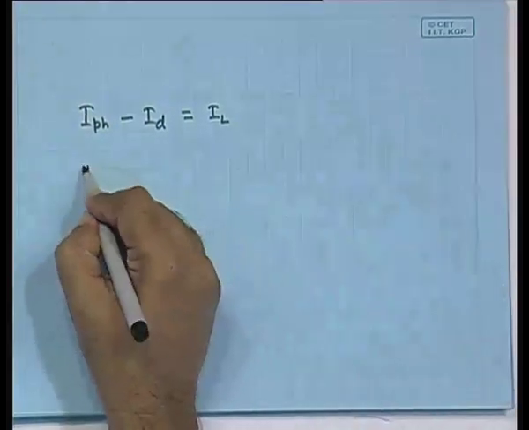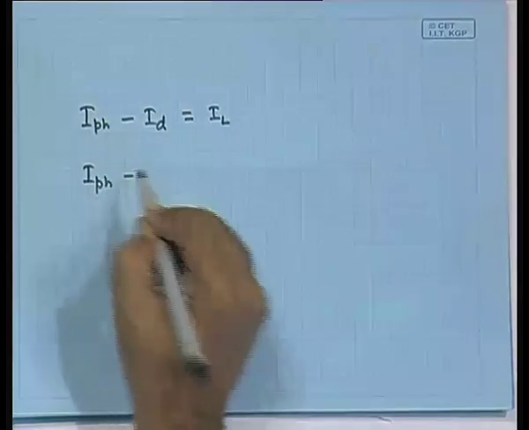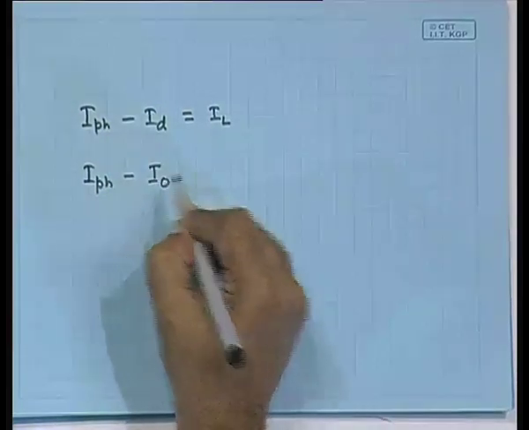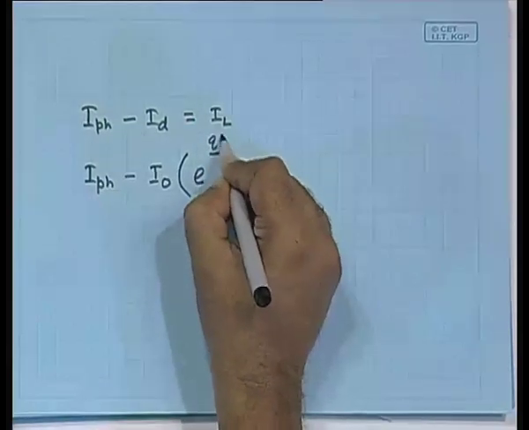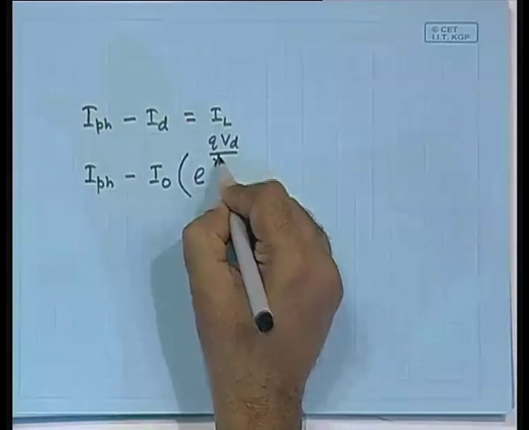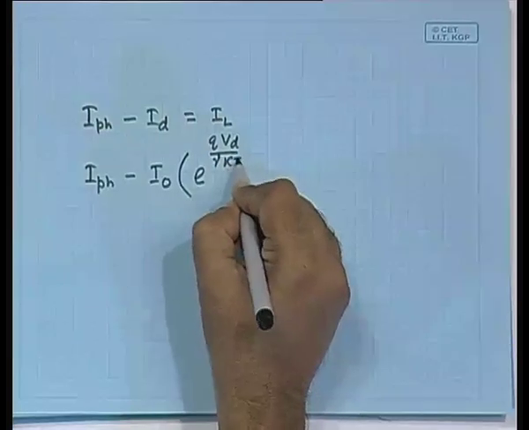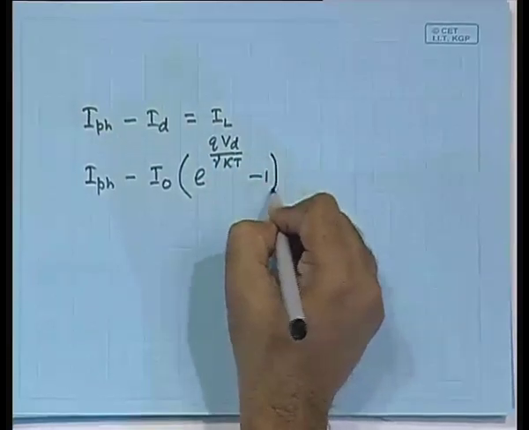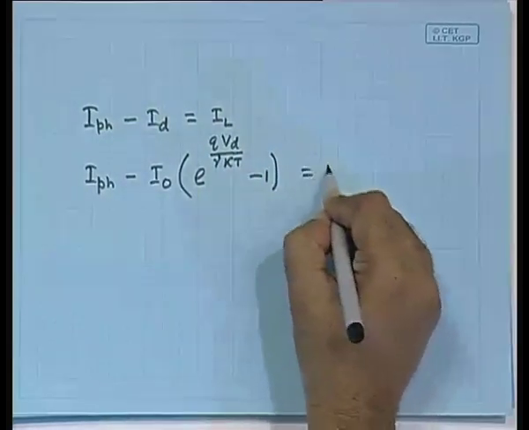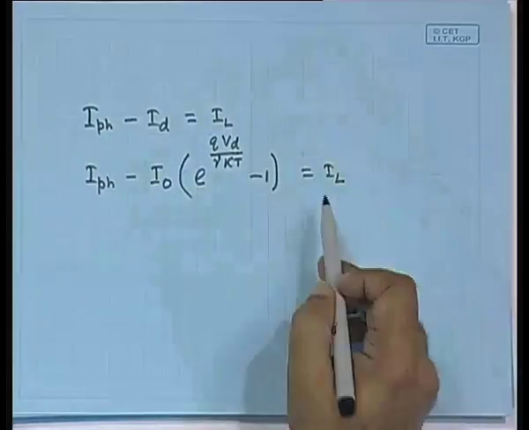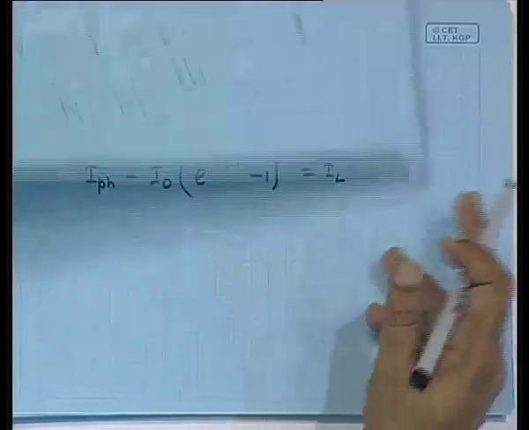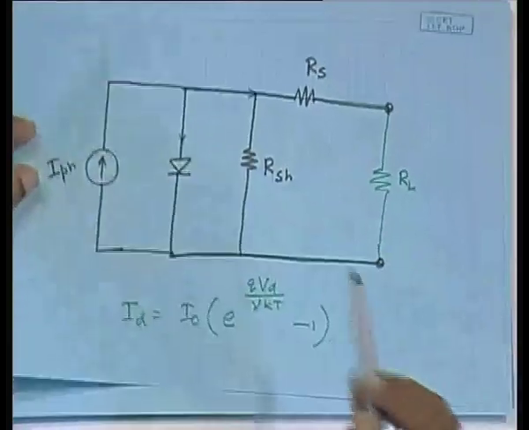Which means IPH minus I naught e to the power q VD by gamma k T minus 1 is equal to IL. This has already produced a relationship between this and that.